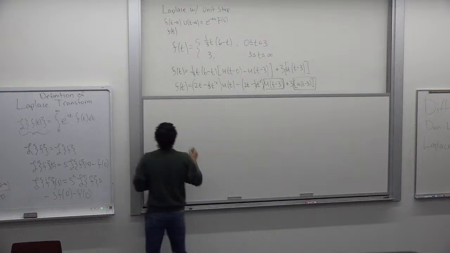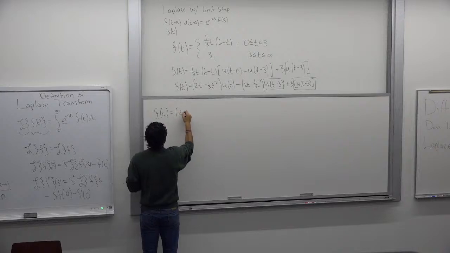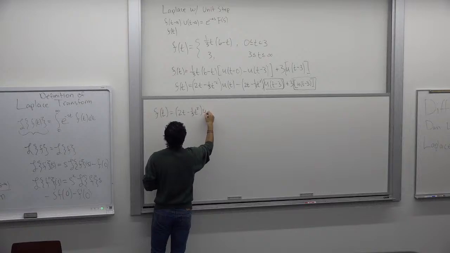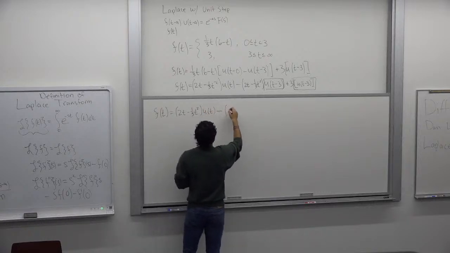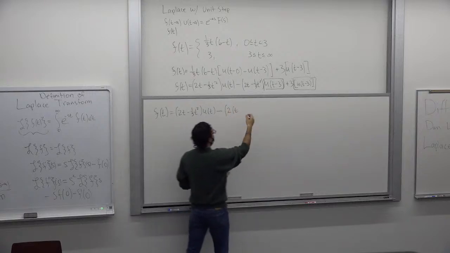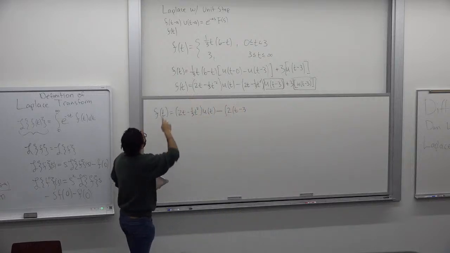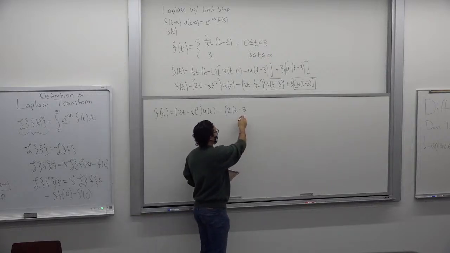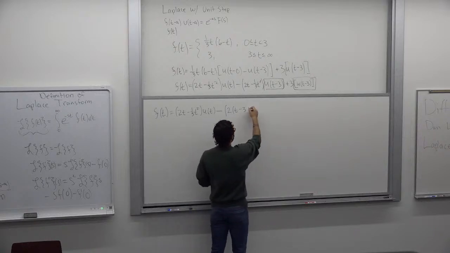So I'm just going to write this again. Equals 2t minus 1/3 t squared times u(t minus 3), and the way we're going to do this is we're just going to insert a t minus 3. So now we have our f(t minus a), but we can't just subtract 3 from an equation. We also have to add 3 to cancel it out.